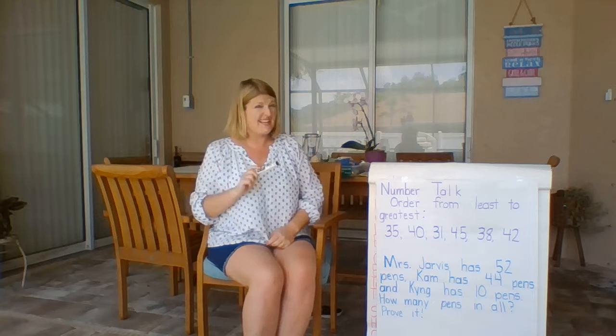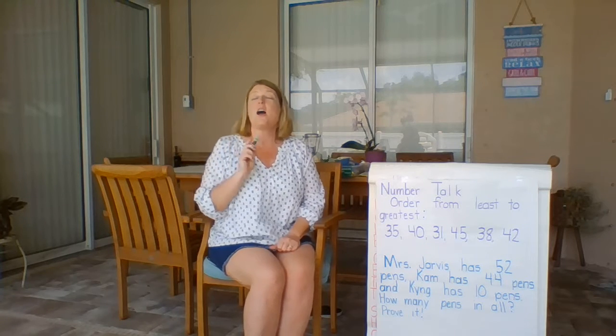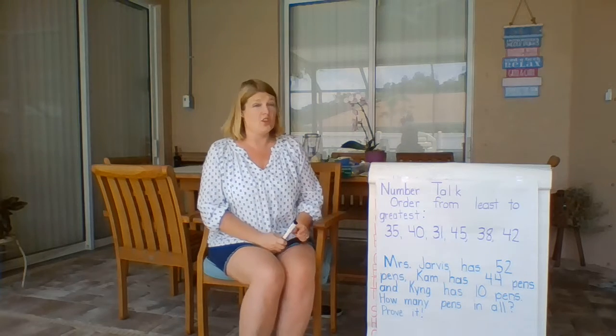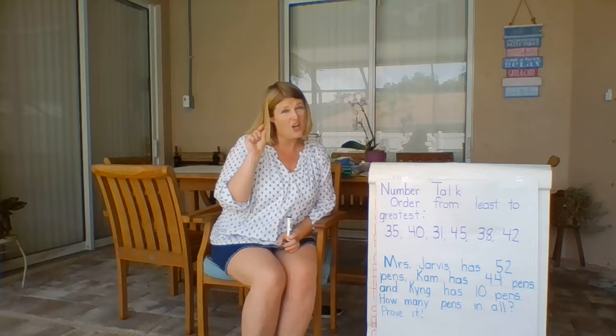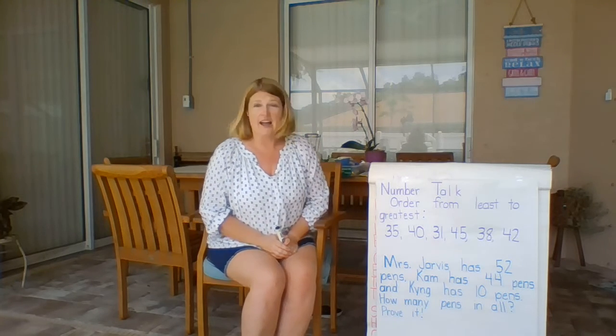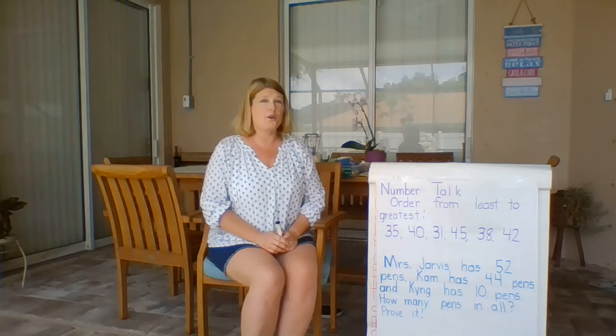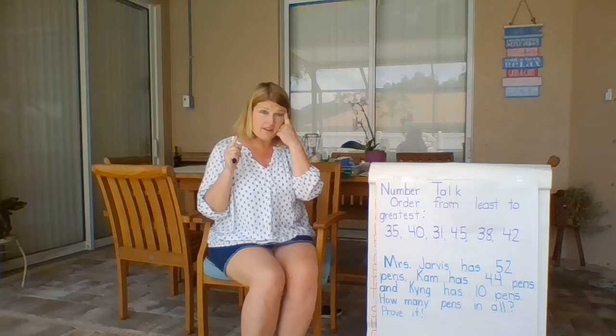That was excellent thinking there. I liked how somebody told me they used their hundreds chart to take a look at it and make sure. That was excellent work. Well, today's number talk is a little bit harder because today I didn't put numbers that come in order with counting. They're a little spread apart, so you're going to have to do even more thinking.